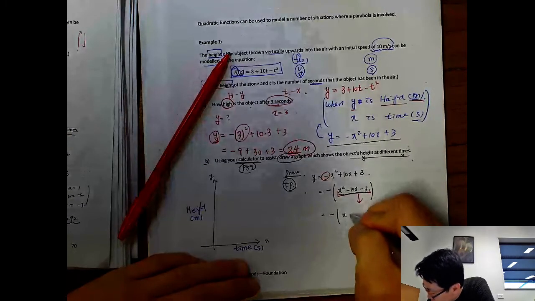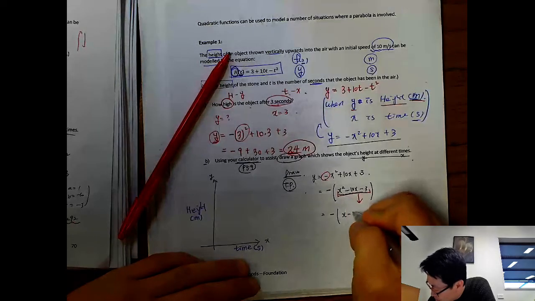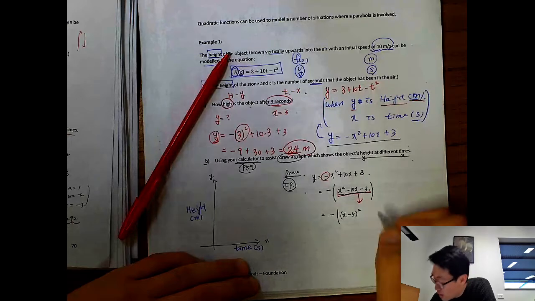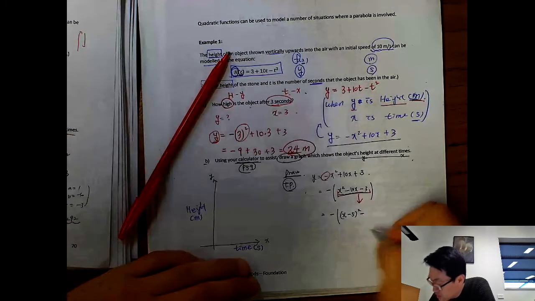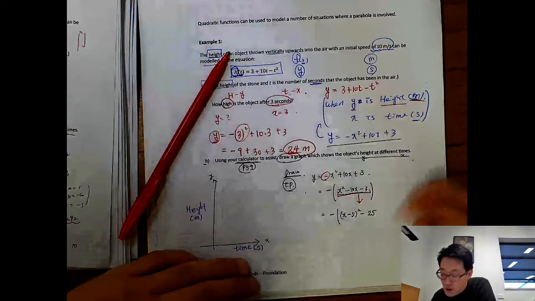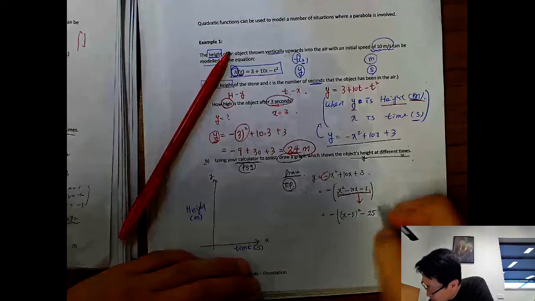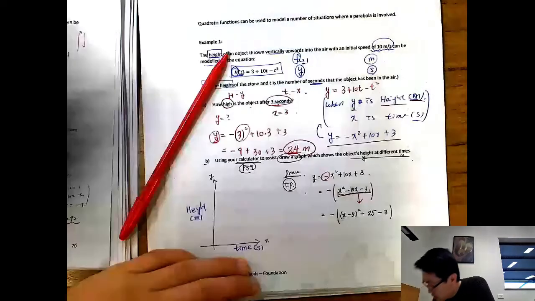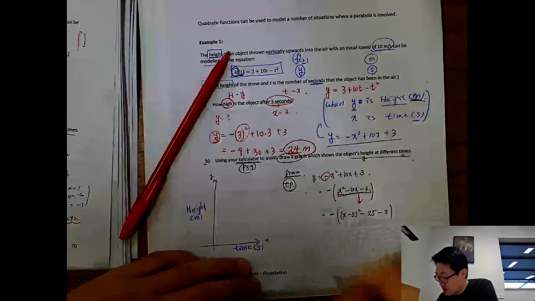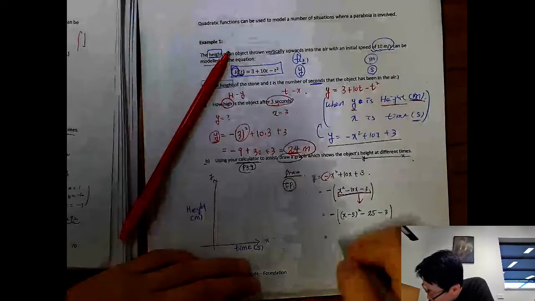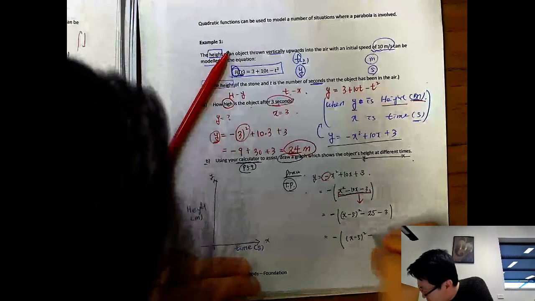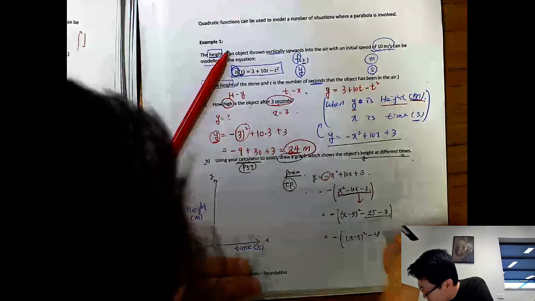So x half of minus 10, minus 5 squared. I'm completing the square. And then minus 5 times 5, 25. Or minus 5 times minus 5, same thing. Minus 3. Make sure you have negative outside. Okay. Negative x minus 5 squared minus 28.